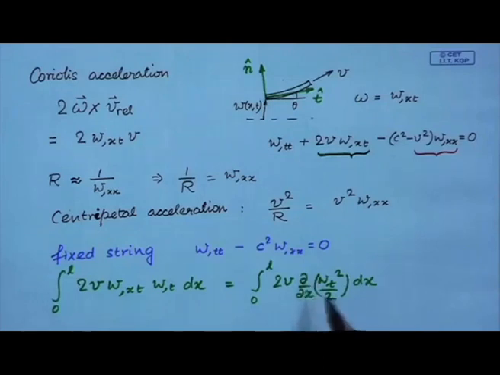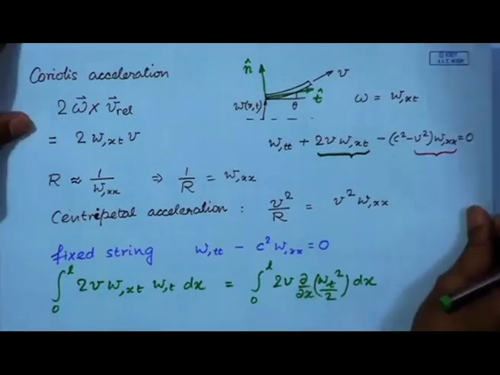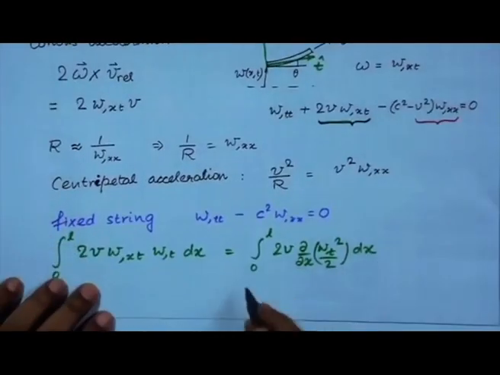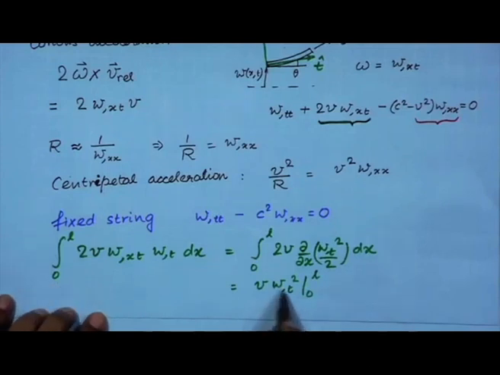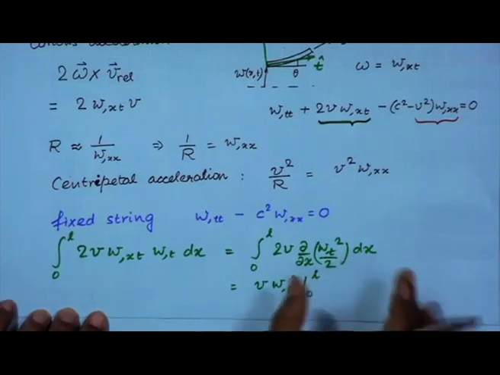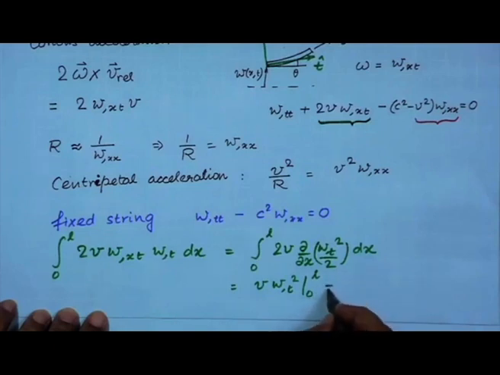So, I can integrate over this spatial coordinate. So, we have this velocity square computed at L minus velocity square computed at 0. Now, since we have considered fixed boundary, this turns out to be 0.